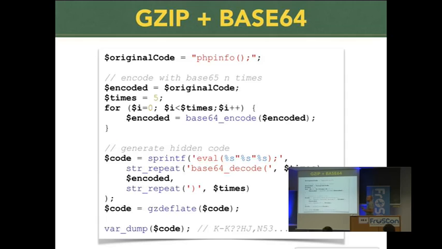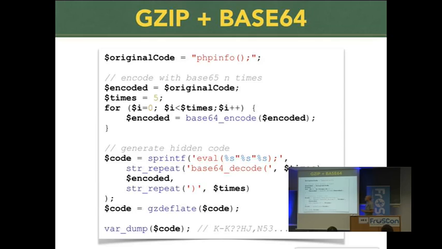We'll need to inject some code into the bootstrap file, as I said. We can inject it as normal PHP code, or we can try to make it difficult for an antivirus to detect it. For example, if we want to inject that code, phpinfo, we can use this technique.